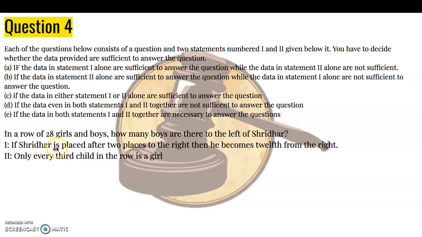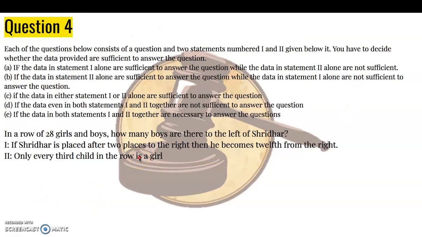Only every third child in the row is a girl. So every third child in the row is a girl, and we know that Sridhar sits on, let's say, any place. We know his place, we know who sits with him and after him.